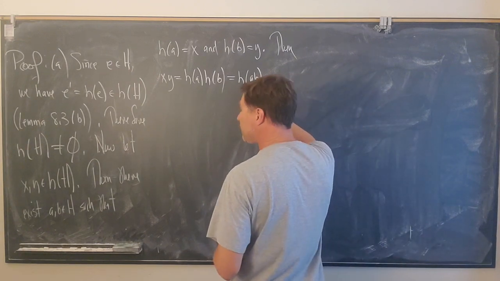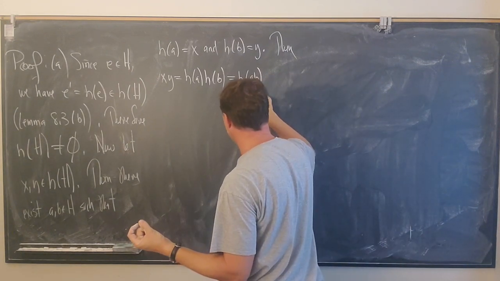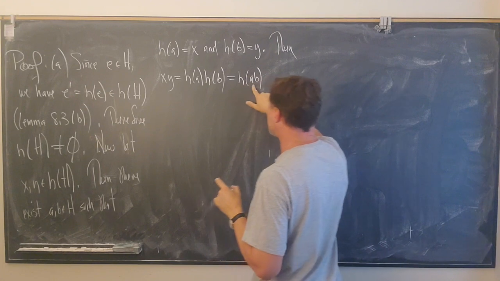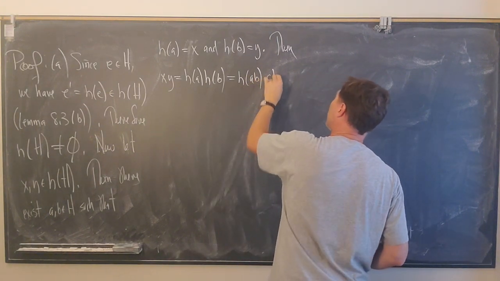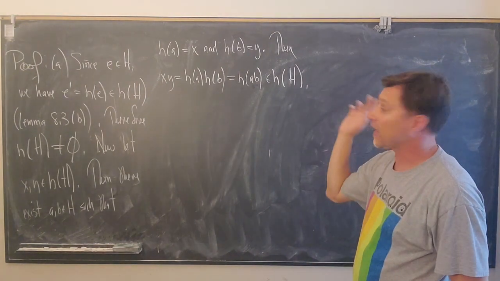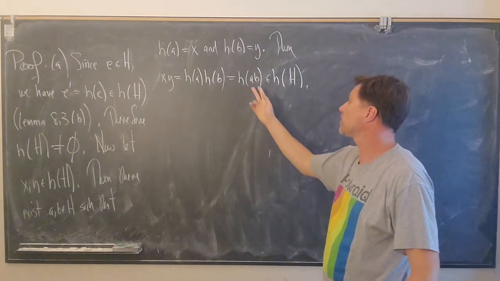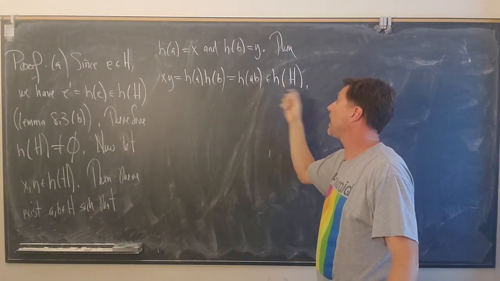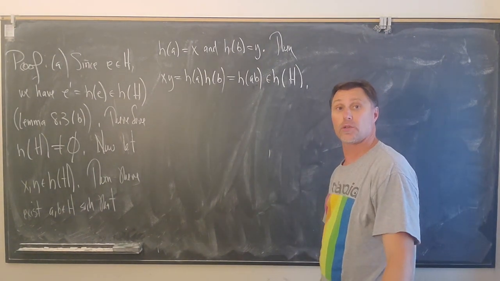And since ab lives in capital H, little h applied to that has to live in h of H. So the fact that capital H is closed forces us to conclude that h of capital H is closed under multiplication.